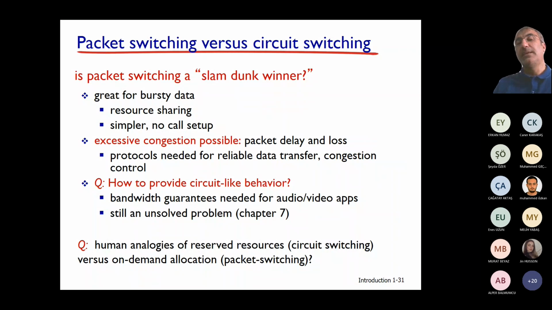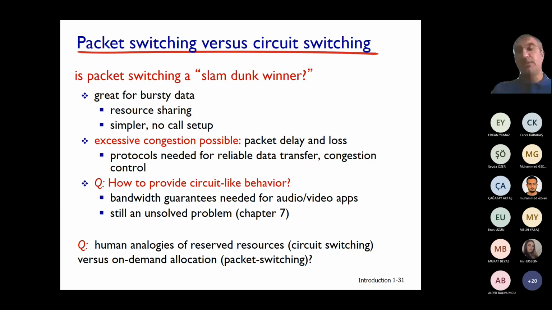And therefore we need protocols for supporting reliable data transfer as well as congestion control. So the question can come to your mind: how can we provide circuit-like behavior in packet switching? First of all, bandwidth guarantees are needed for audio and video multimedia applications.